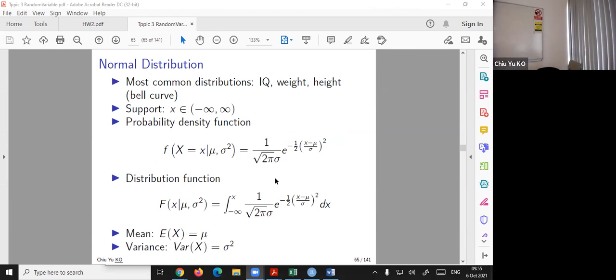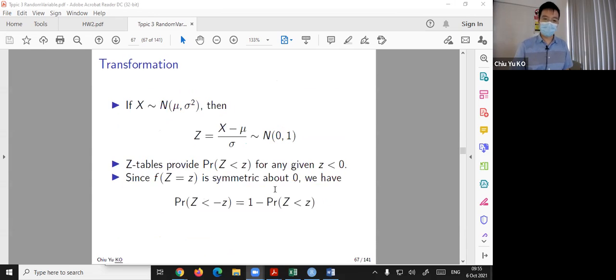We have to use either the table, a calculator, Excel, or R. There's no way you can do it by hand. So we have to rely on the computer, and that's why you're here today. The first thing to ask is that normal distributions have different mu and sigma, right?